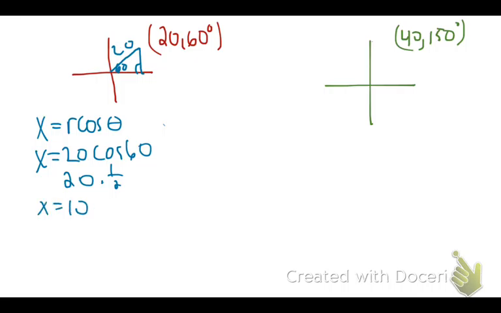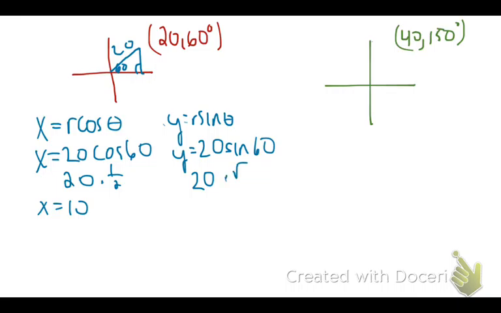So there's our x. Now our y equals r times the sine of theta. So that would be y equal to 20 times sine of 60, or 20 times, what's the sine of 60? Square root of 3 over 2, and that would be 10 square root of 3.